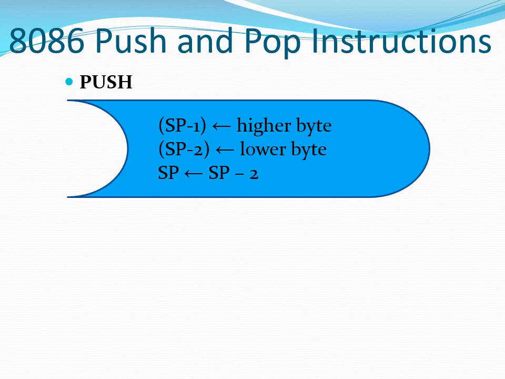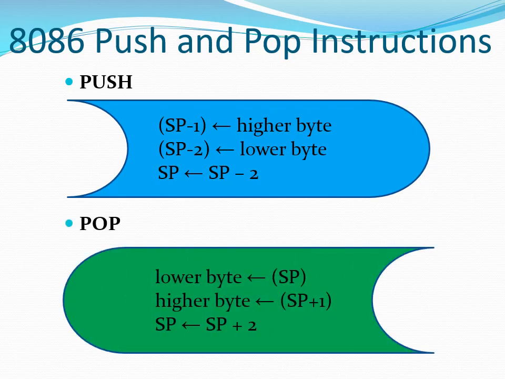We notice that for the two memory locations accessed by the push operation, the higher address contains the higher byte and the lower address contains the lower byte. Also, we notice that after the push operation, the stack pointer points to the address of the lower byte.